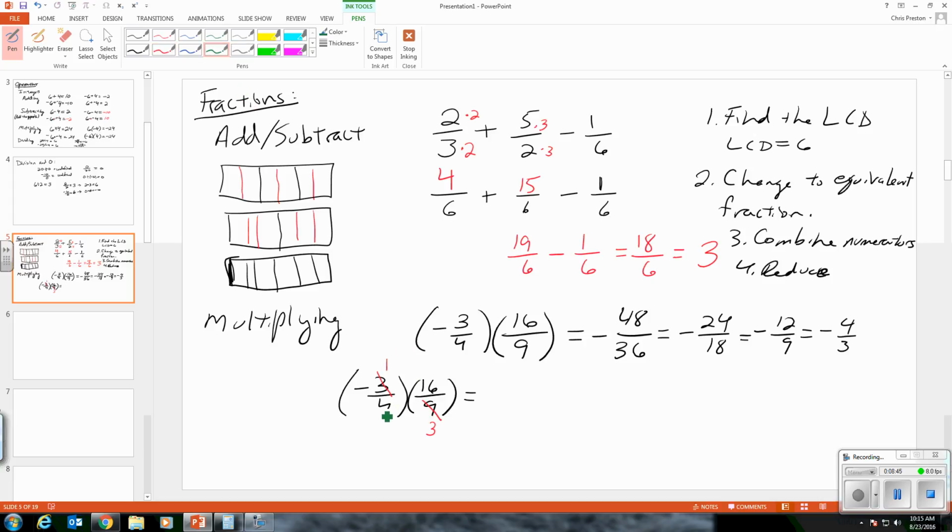So there's a 4: 4 goes into 4 once, 4 goes into 16 4 times. Now, if I multiply top times top, negative times a positive is a negative, 1 times 4 is 4, 1 times 3 is 3. So if you have to do everything by hand, a lot of times it's better to cancel before you multiply than to multiply and then try to break it down. You can see it takes a lot longer.